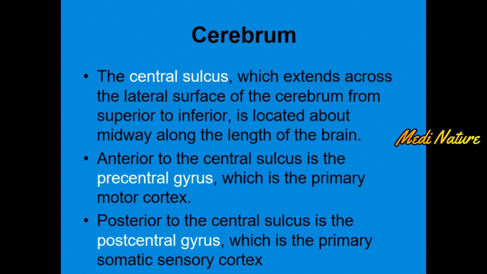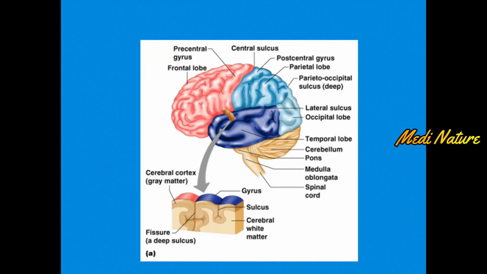It is the primary motor cortex area of the cerebrum. Posterior to the central sulcus, there is postcentral gyrus, which is the primary somatic sensory cortex area of the cerebrum. In this image, you can see the central sulcus as well as the precentral gyrus and the postcentral gyrus.